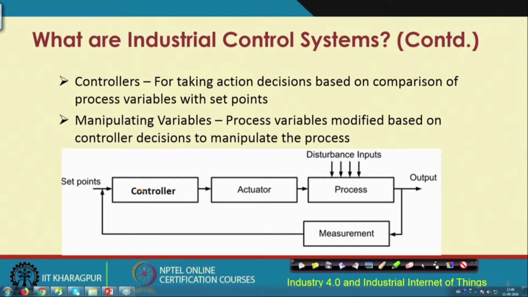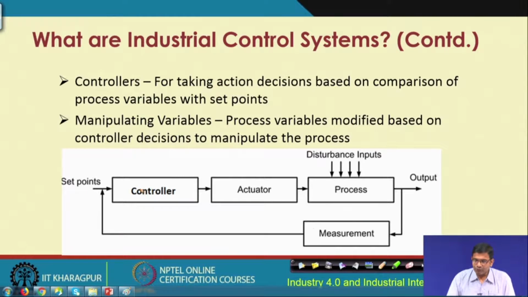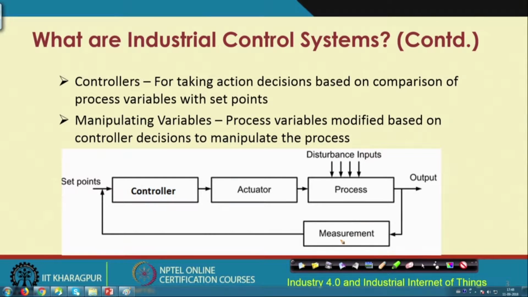And then we have the manipulating variables, which are basically process variables modified based on the control decisions to manipulate the process. So, this is the important part, the manipulation of the variables is the most important part in this particular process, and for that this measurement is very important.